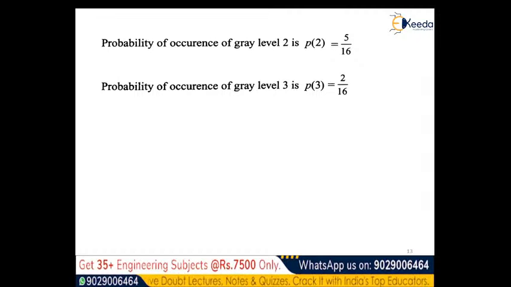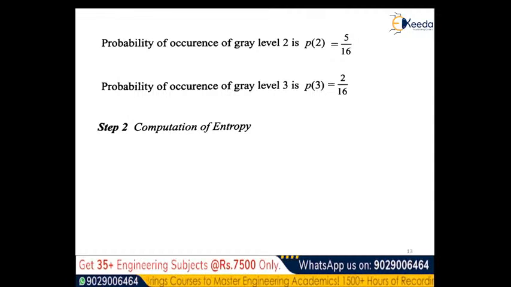Now the second and last step is to compute the entropy value. What is the formula we can use to compute entropy, and by what symbol is entropy denoted?